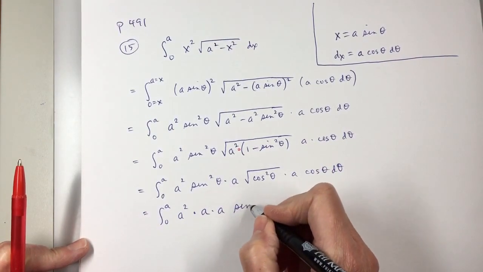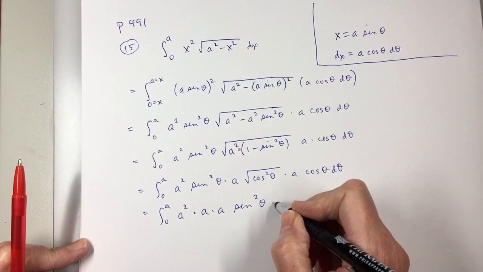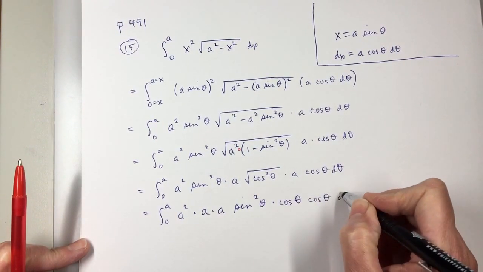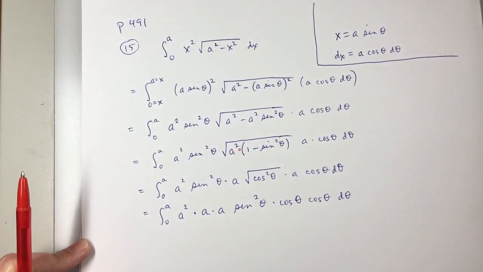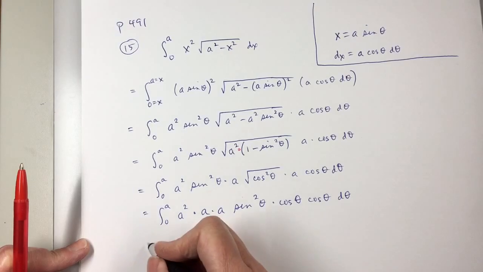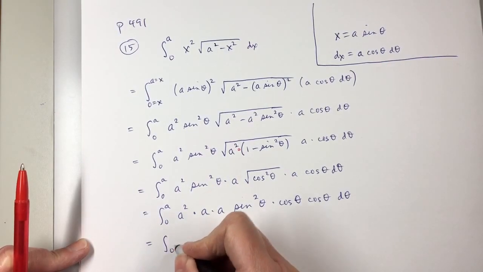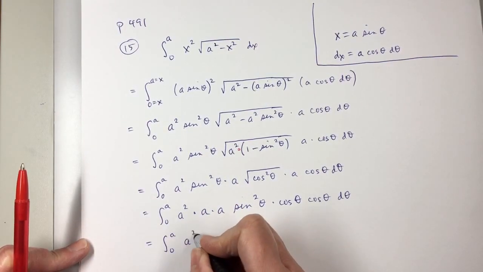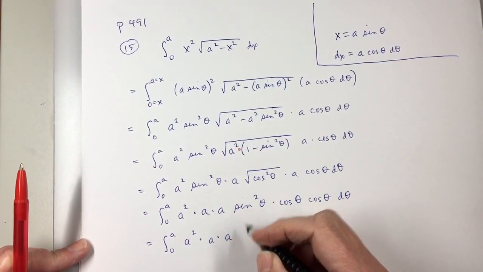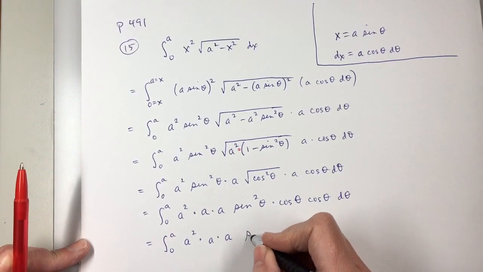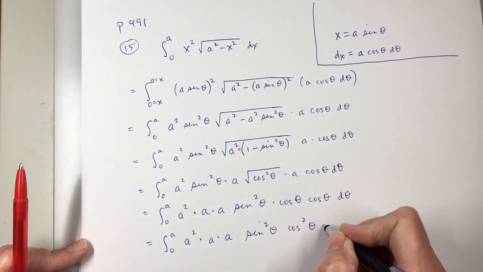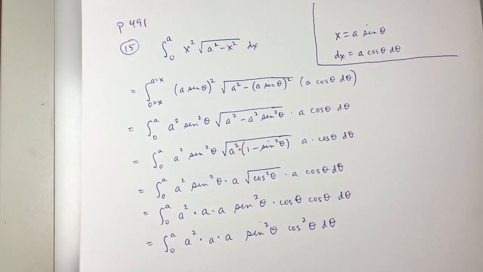And this is sine squared theta times cosine theta d theta. And this will be cosine squared theta. So the integral from 0 to a squared times a, oh, that should have just written a to the 4th. Okay, sine squared theta, cosine squared theta, d theta.